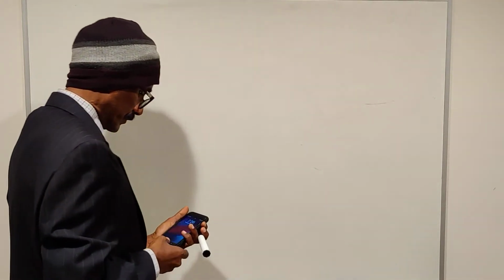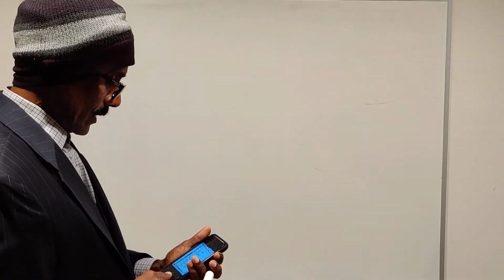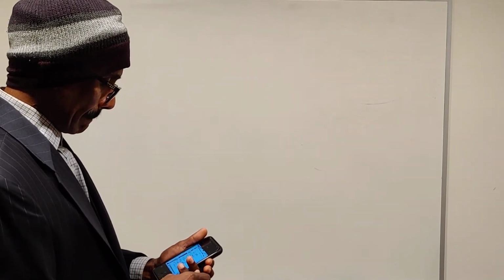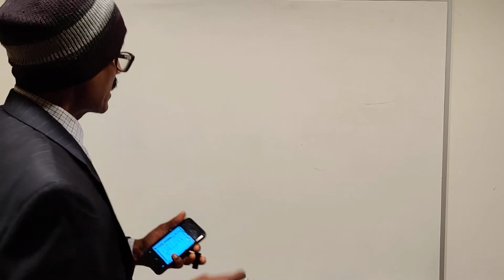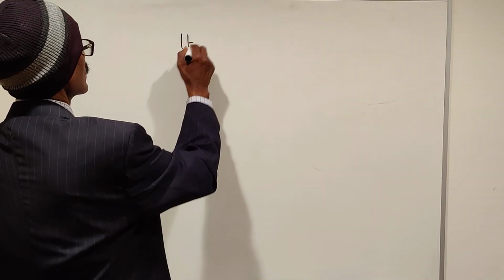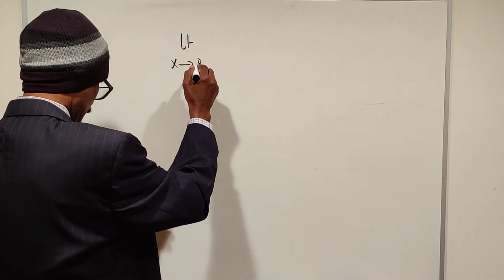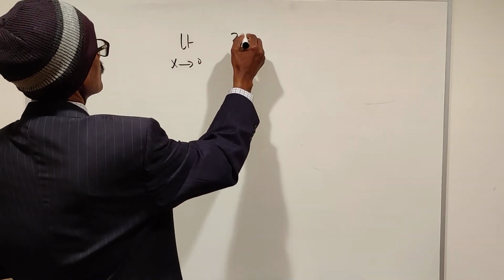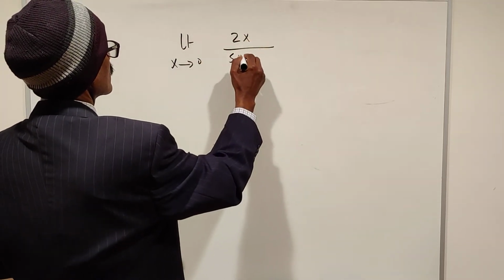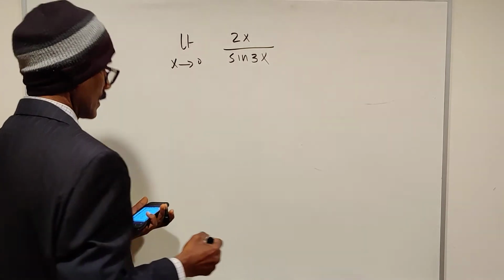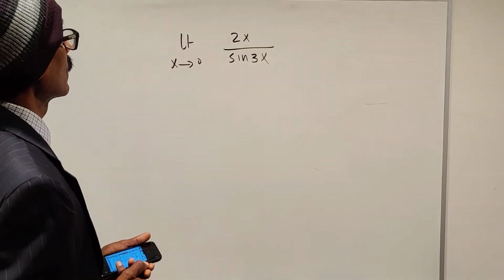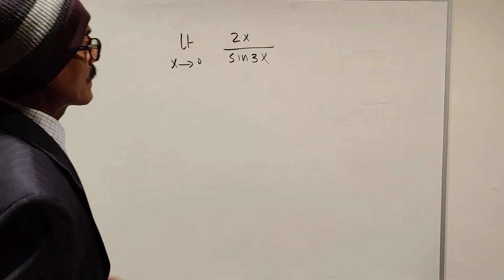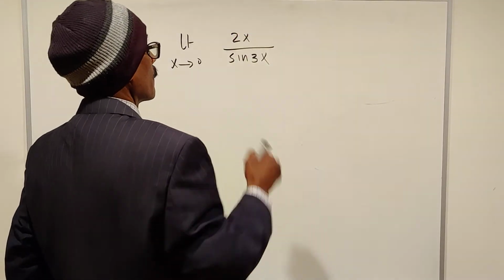Next one. Limit x tends to 0, 2x by sine 3x. Okay guys, this one.